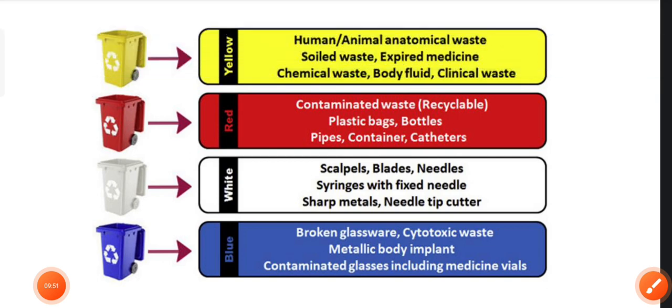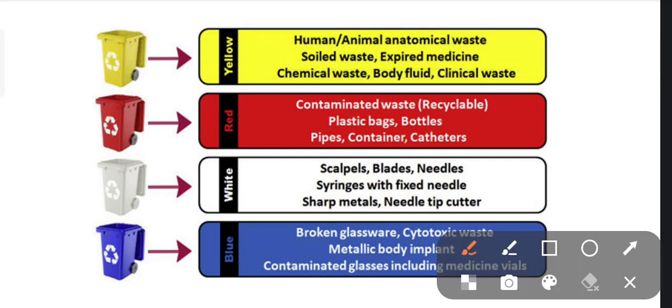Mainly in the yellow bin, we put human and anatomical wastage, soiled waste, expired medicine, chemical waste, body fluid, and clinical wastage. So mainly in the yellow color bin, we have to discard the infected materials. These are the highly infected materials, so we have to dispose them into the yellow color bin.